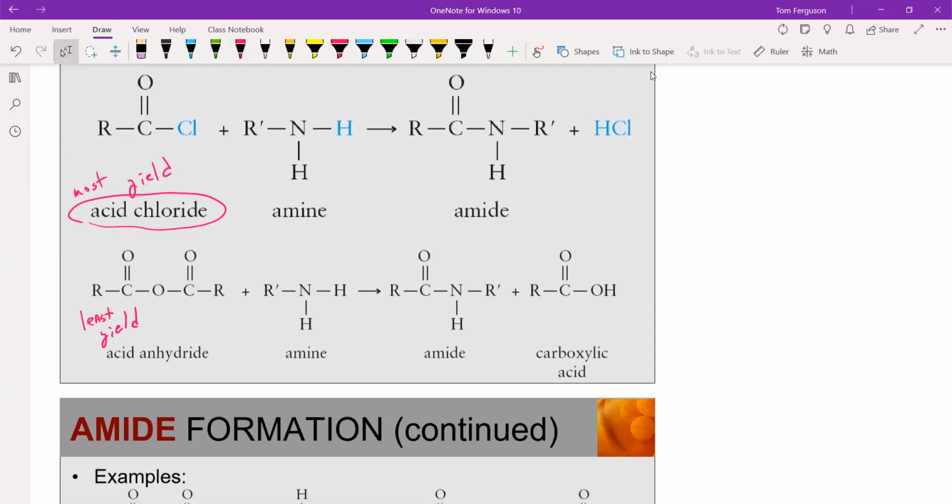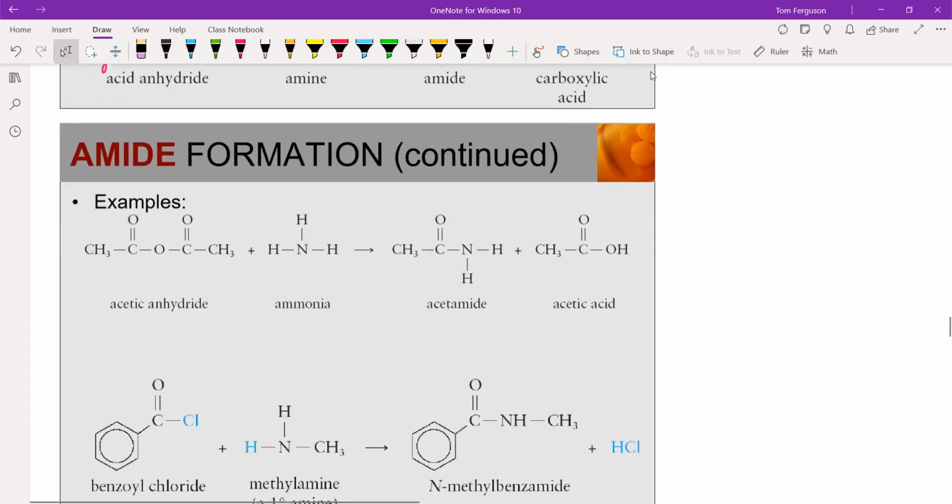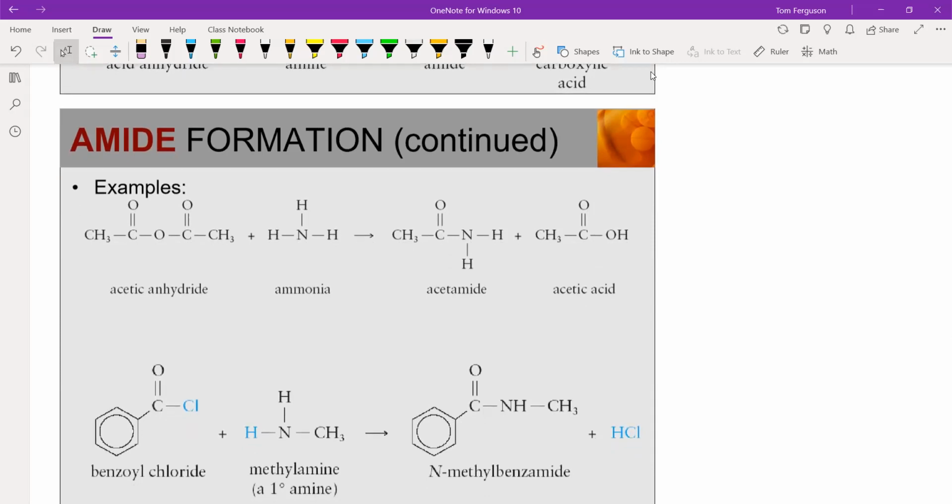It's just like with the esters, except what's missing is the acid plus the amine. Here we have the acid anhydride. Here's the amine.